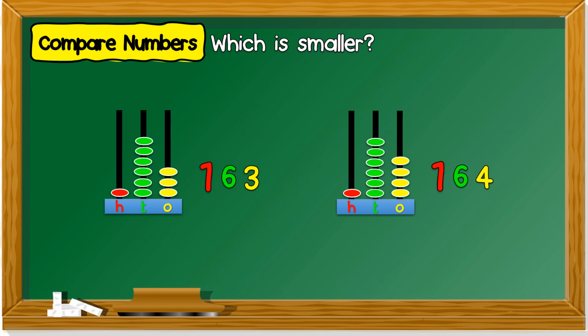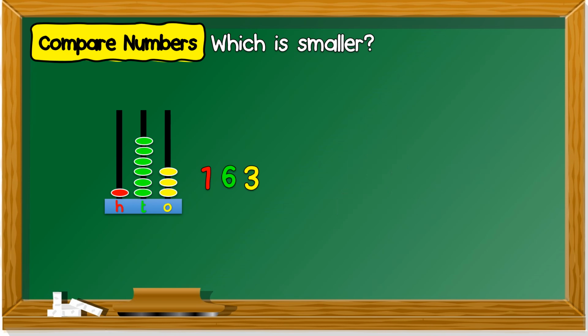Both hundreds are 1. How about tens? Both tens are 6. As for ones, the one on the left is 3 and the one on the right is 4. Which is smaller? 3. So 163 is smaller.